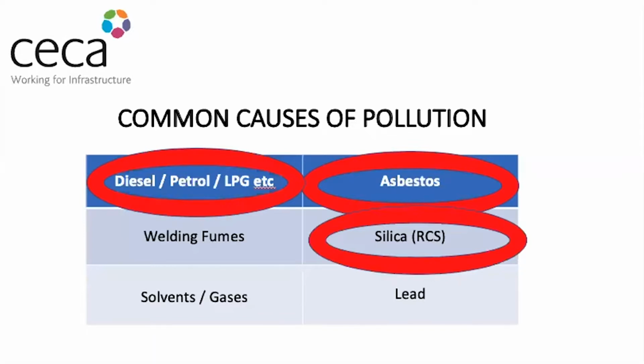Recent surveys found that construction sites are responsible for circa 7.5% of all NOx emissions, about 8% of all PM10s, and about 14.5% of PM2.5s. And it's no surprise really, looking at that top left-hand corner, that diesel is the worst culprit.